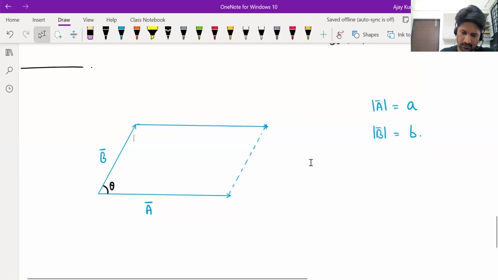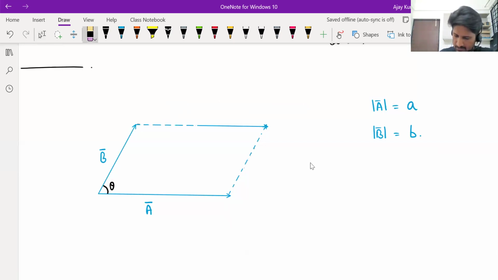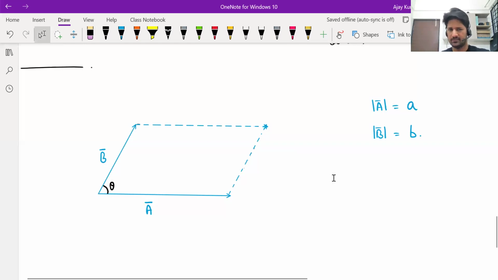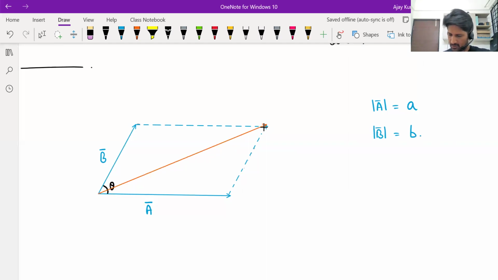Right. So that's the parallelogram formed by these vectors A and B. A parallelogram has four sides, but if you know two adjacent sides, that's enough. The other two sides are known to us. Then their resultant, using parallelogram law, how do you draw it? From the common starting point of the vectors, you draw a diagonal to the opposite corner.